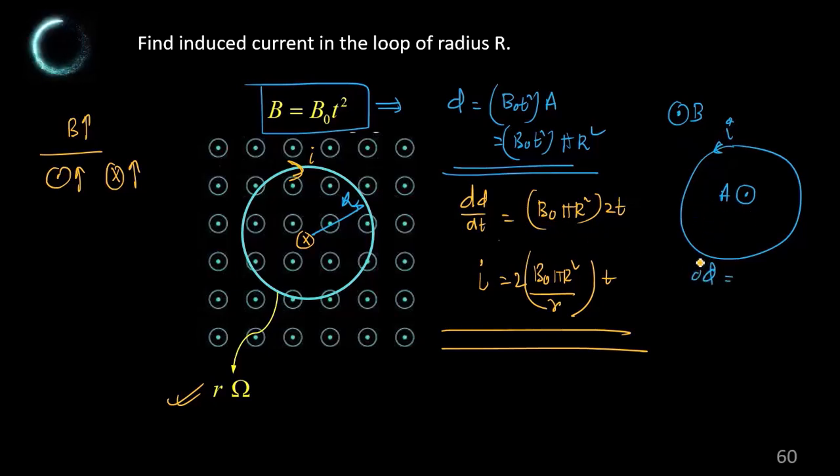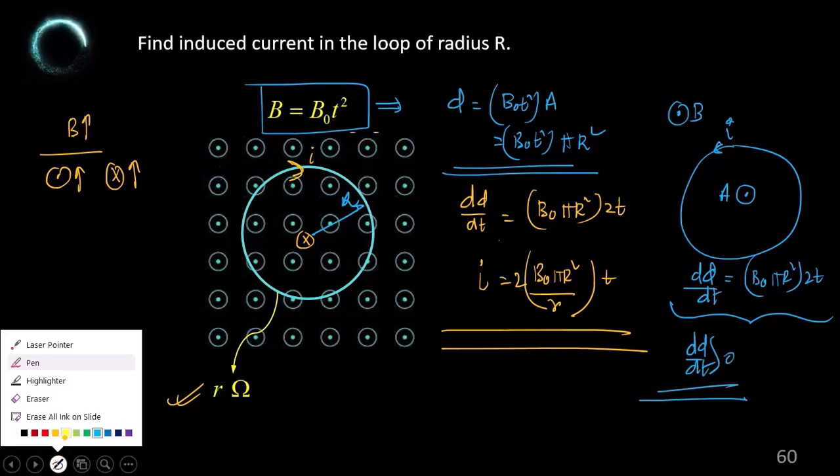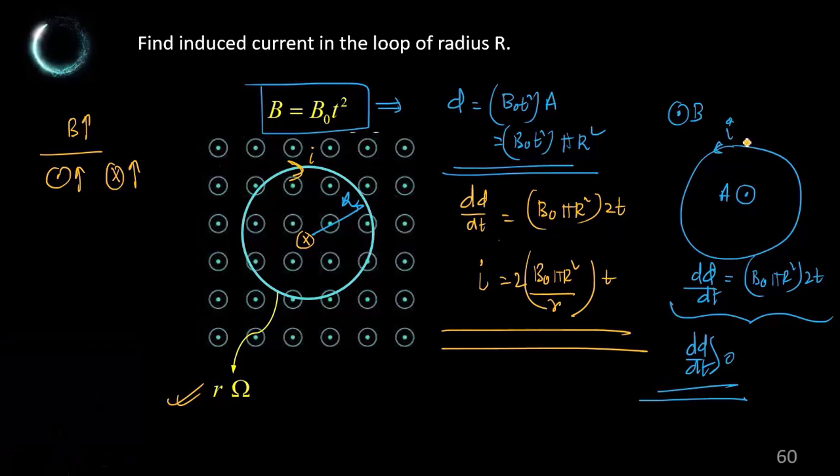The d phi by dt will be the same answer, B naught into pi R square into 2t, so the d phi by dt calculation does not depend on the direction. But since B is increasing, d phi by dt is positive. Once the number comes positive, you have to change the direction. So the correct direction should be in this direction, and that is the I induced.